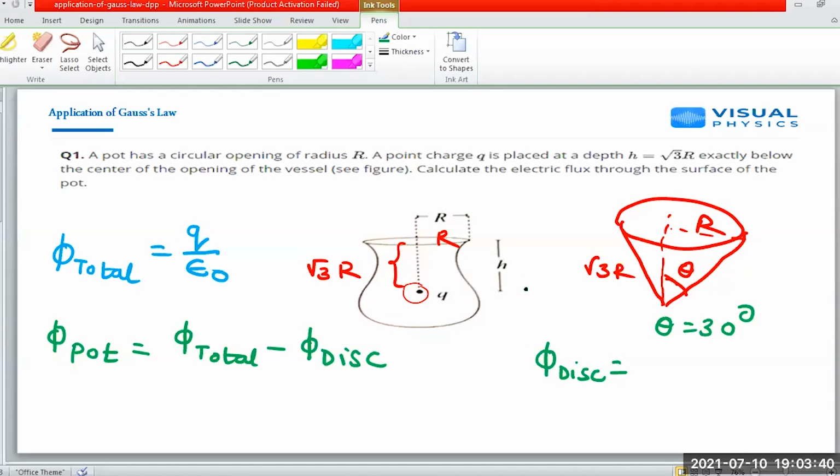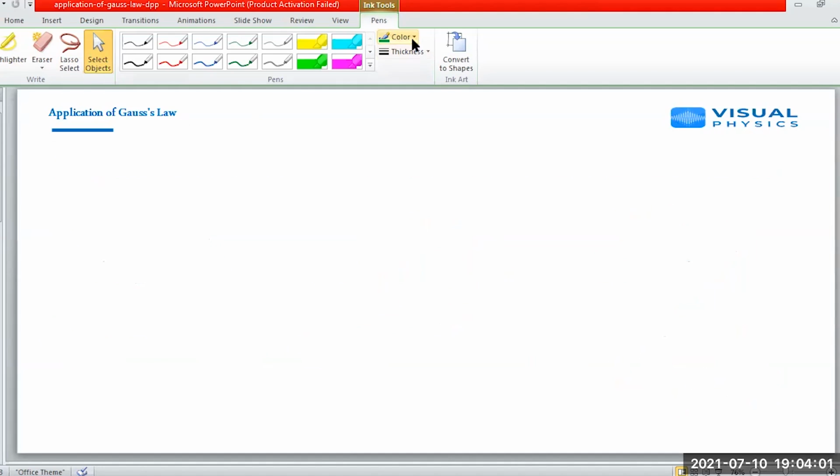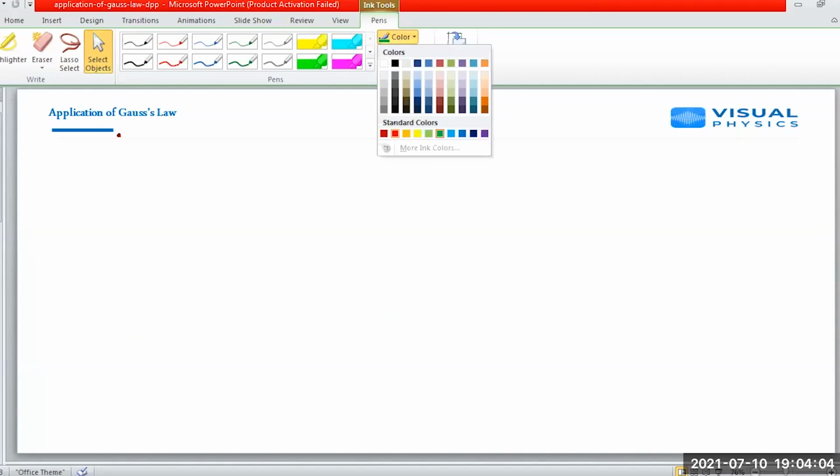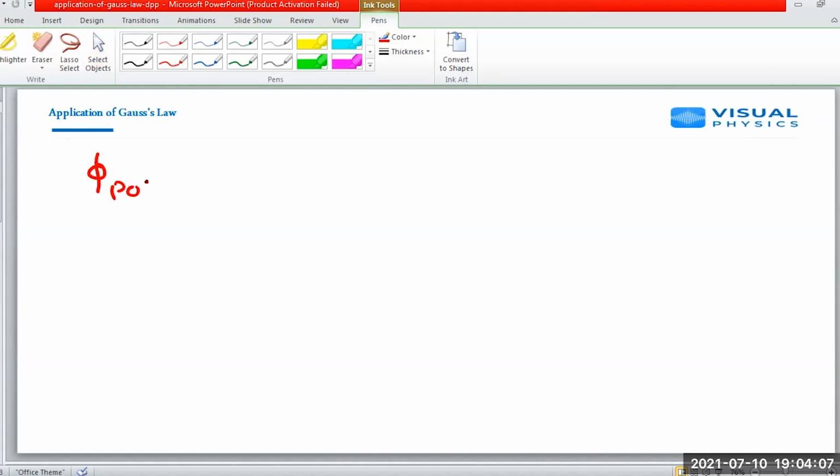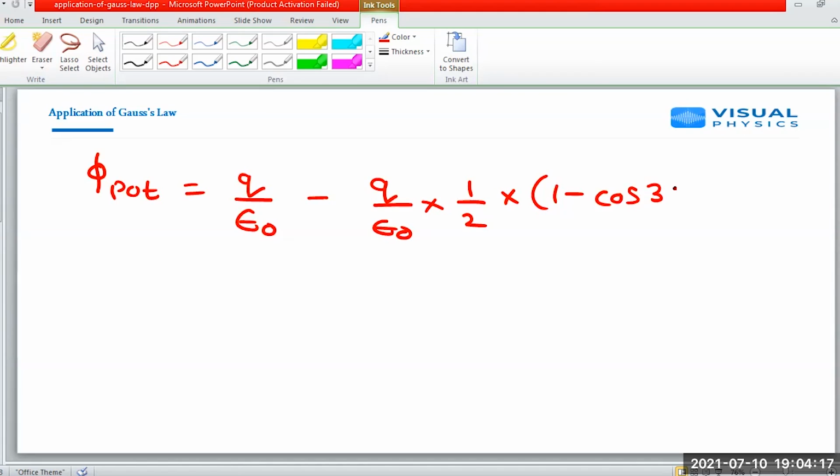Phi of disk is given as q upon epsilon naught into omega by 4 pi, where omega is the solid angle this circular base is making at the charge q. I've already told you that is a standard result. Phi of pot is given as q by epsilon naught minus q by epsilon naught into half into 1 minus cos of 30 degree.